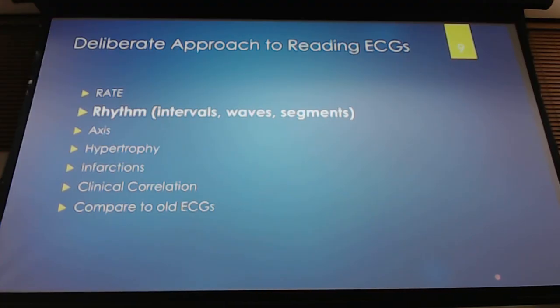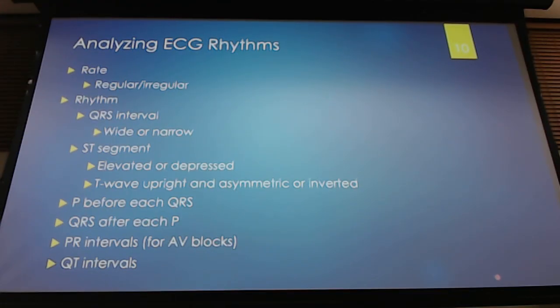And then we've got all of these intervals, waves, and segments that we have to evaluate while we're looking at the rhythm. Okay. So we've got our rate. Is it fast or slow? Is it regular or irregular? We're looking at our rhythm, those QRS intervals, wide or narrow. We're going to look at those ST segments as well, elevated or depressed. What do our T waves look like? What do our P waves look like?